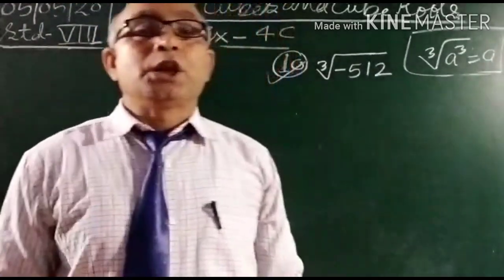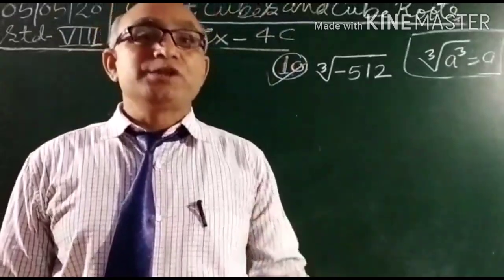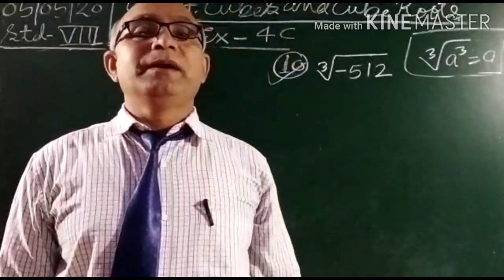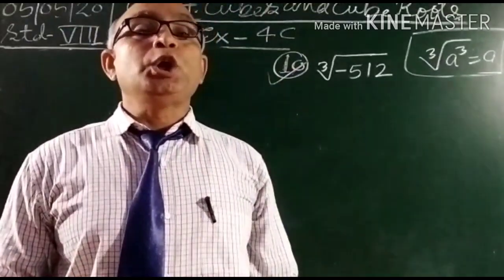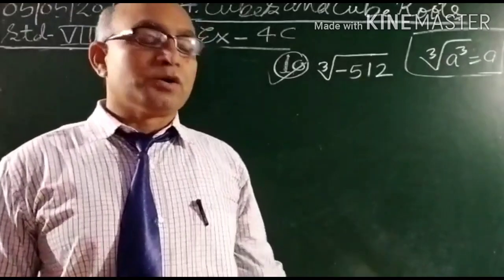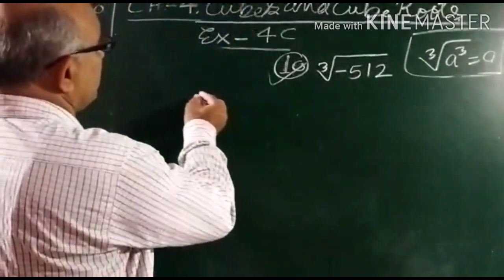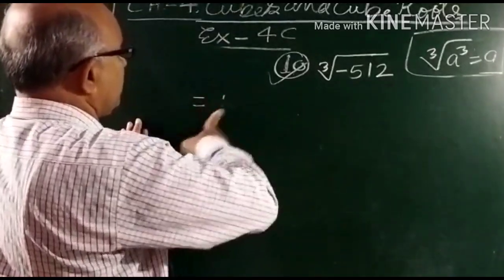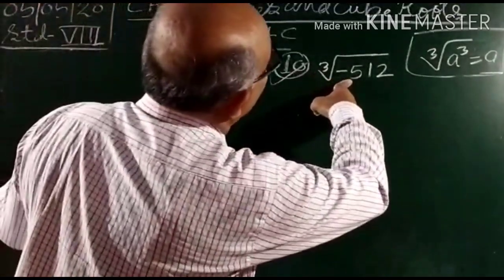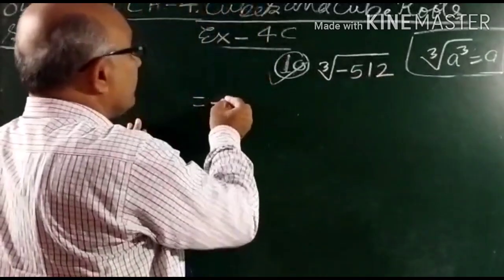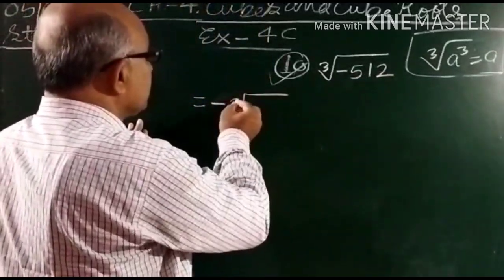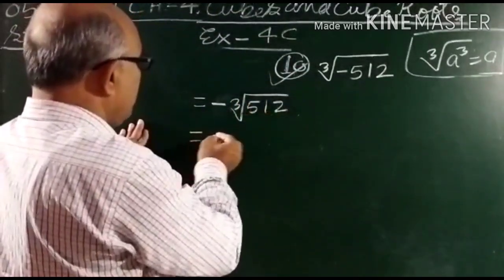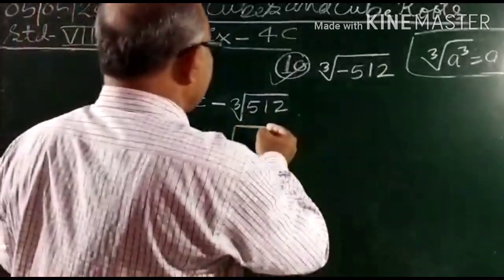We know that the cube of a negative number is negative, and the cube root of a negative number is also negative. So cube root of minus 512 is minus cube root of 512.